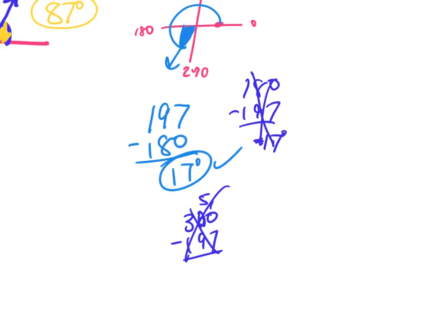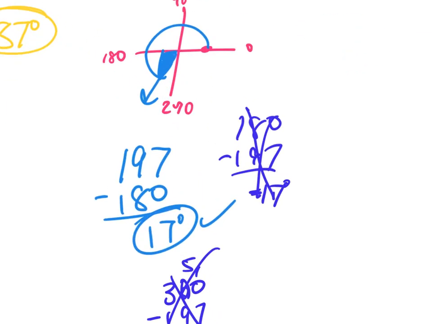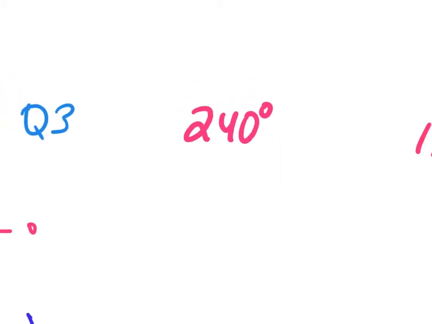Yes, sir? Why did you put the arrow on this side, but not on the other side? Because it's in between 180 and 270, like 240. Think about this. I have 0, 90, 180, 270. Which quadrant does it go in?